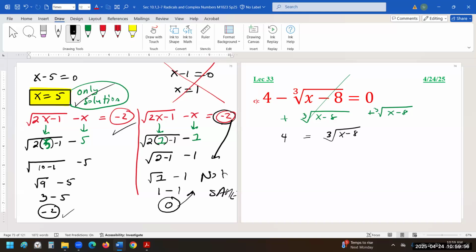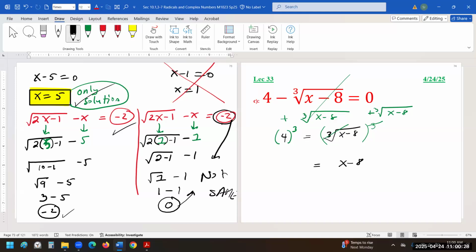Is our radical term alone now on one side? Yes, it is. So we can apply the power on both sides. Which power is supposed to apply now? Cube. Good job. So the cube root and cube power cancel out. We get x minus 8.